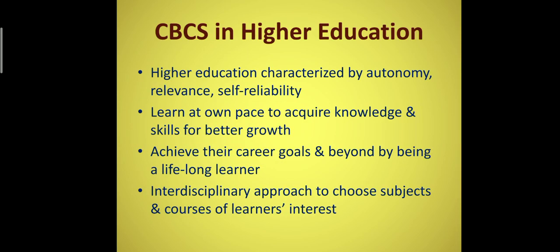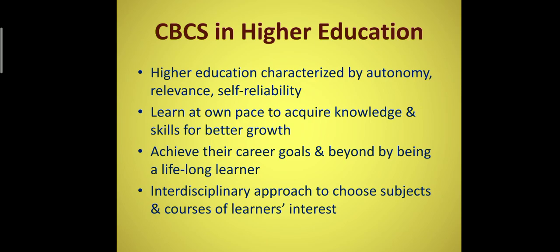Then when we are talking about CBCS in higher education, we have adult learners, right? So it is characterized by autonomy, by relevance, and by self reliability. Higher education itself as well as the learners are very much autonomous.